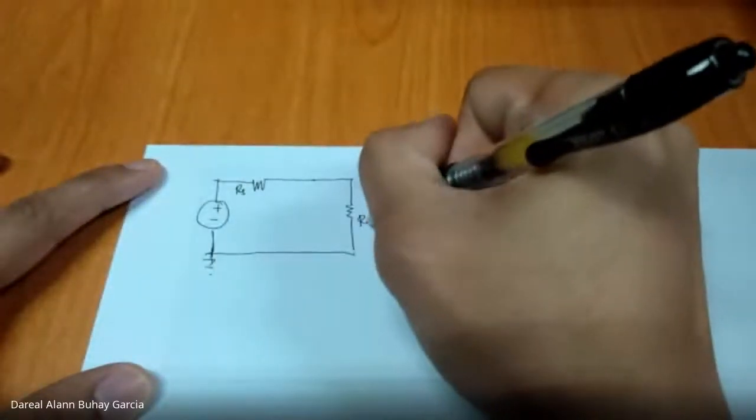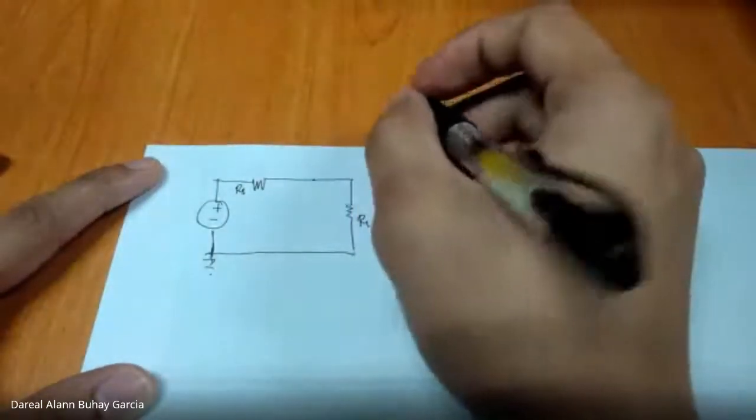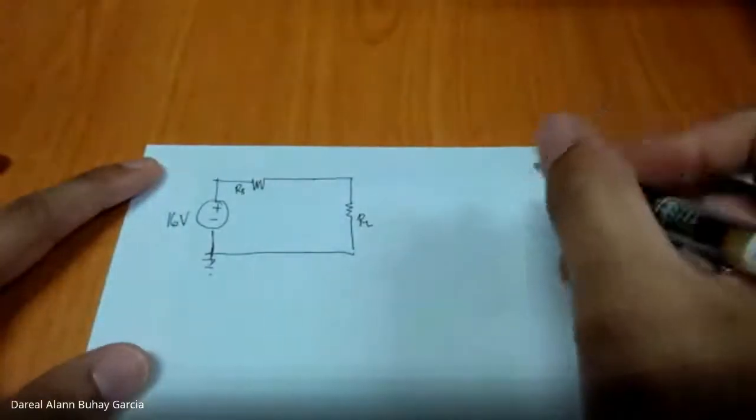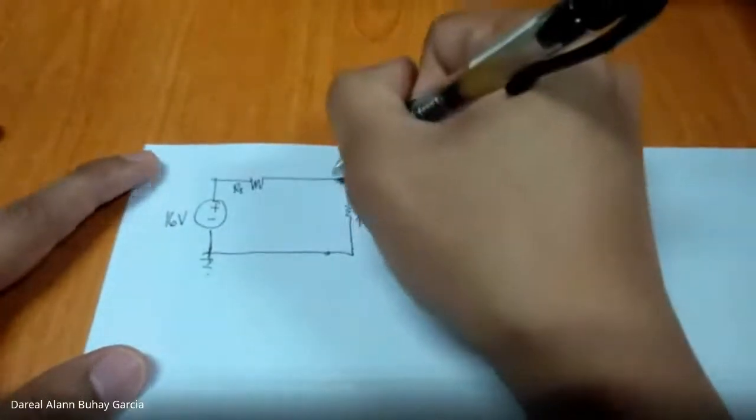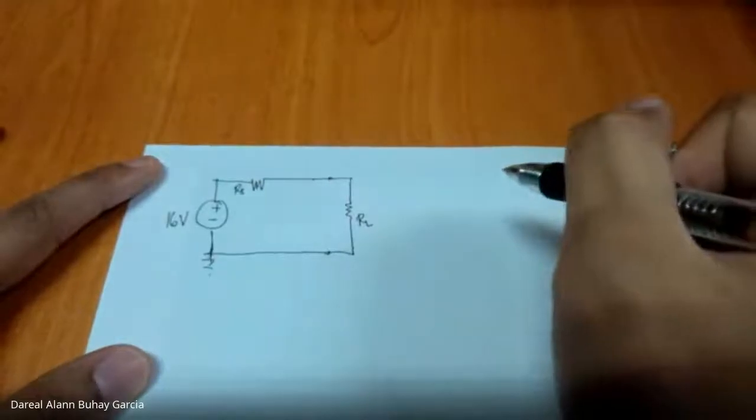This load, call this one RL. Say for example the source is 16 volts, and we want to regulate the voltage that reaches RL.